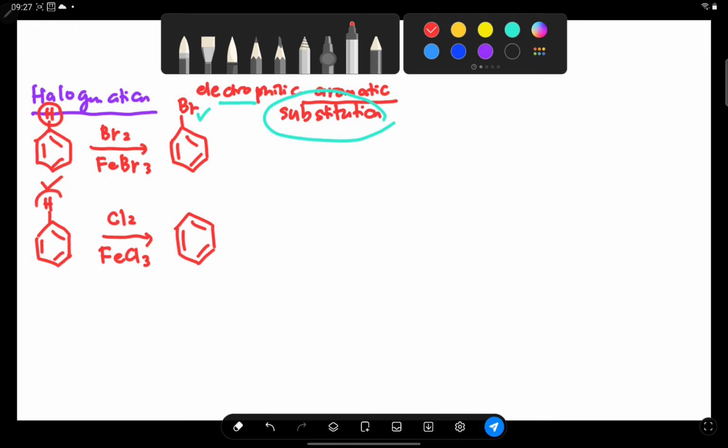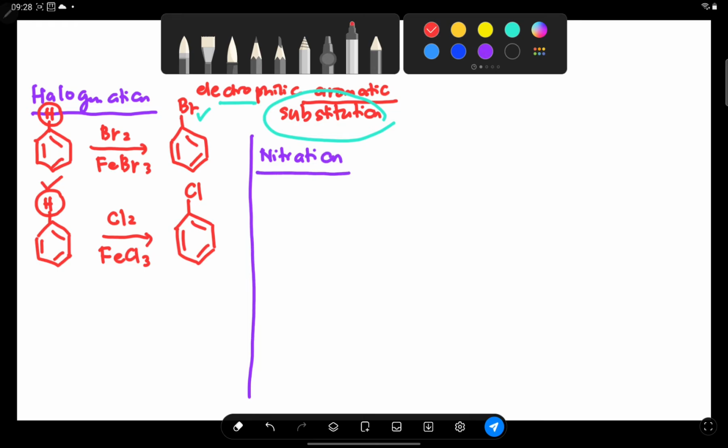This hydrogen is substituted with Cl because here you use Cl. Okay, this is halogenation. So what is the nitration reaction?